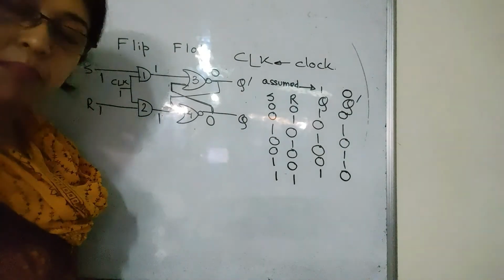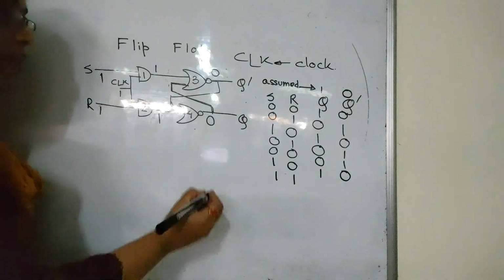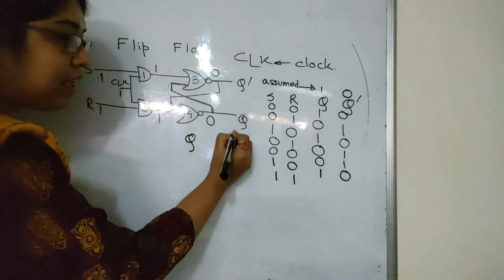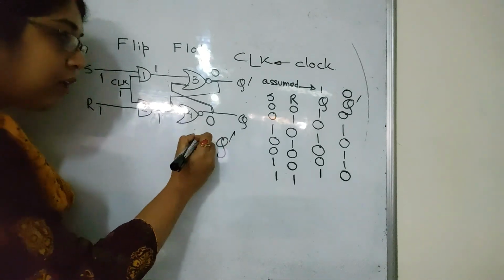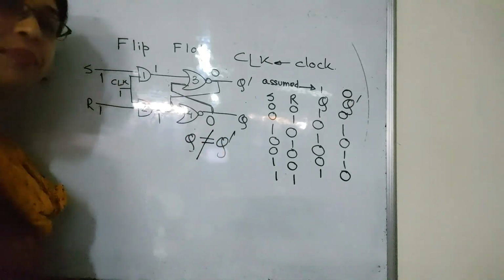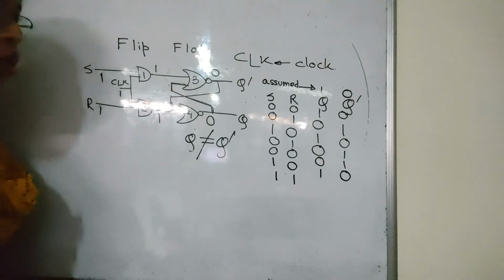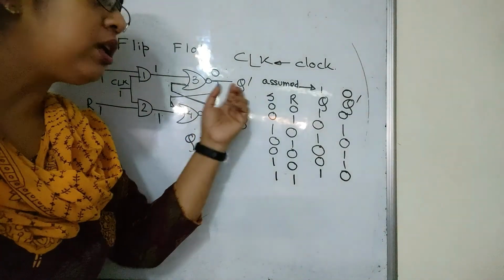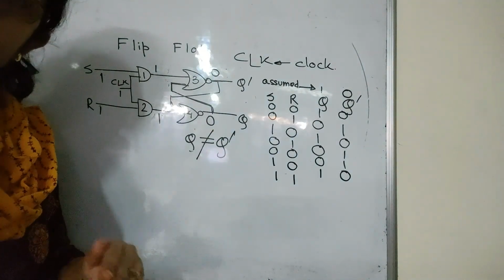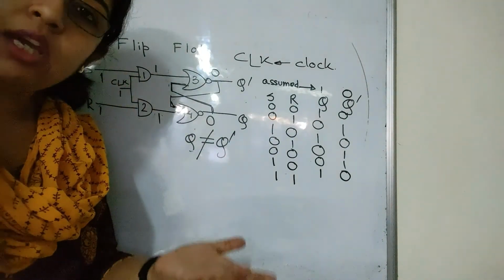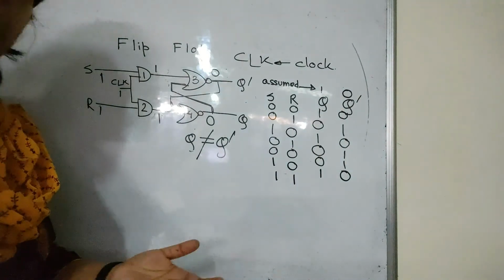But at the very beginning, I told you that Q and Q dash are complements of each other. So Q and Q dash can never be equal. So having both Q and Q dash as 0, 0 is not possible. It is contrary to the meaning of the output lines.